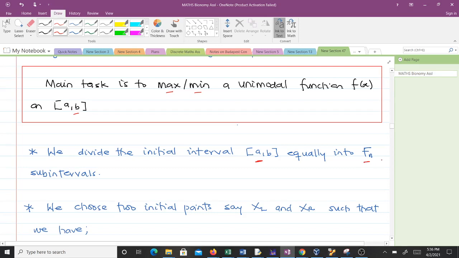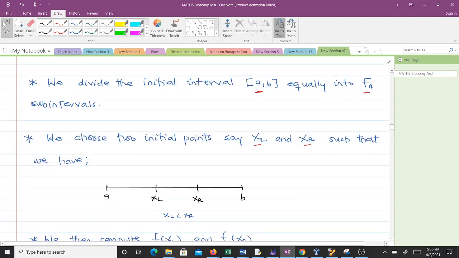After doing that, we choose two initial points, say xl and xr, such that we have something like this. This is our interval AB, and we are choosing two initial points in it. We have our xl here and xr here, and our xl should be less than our xr.